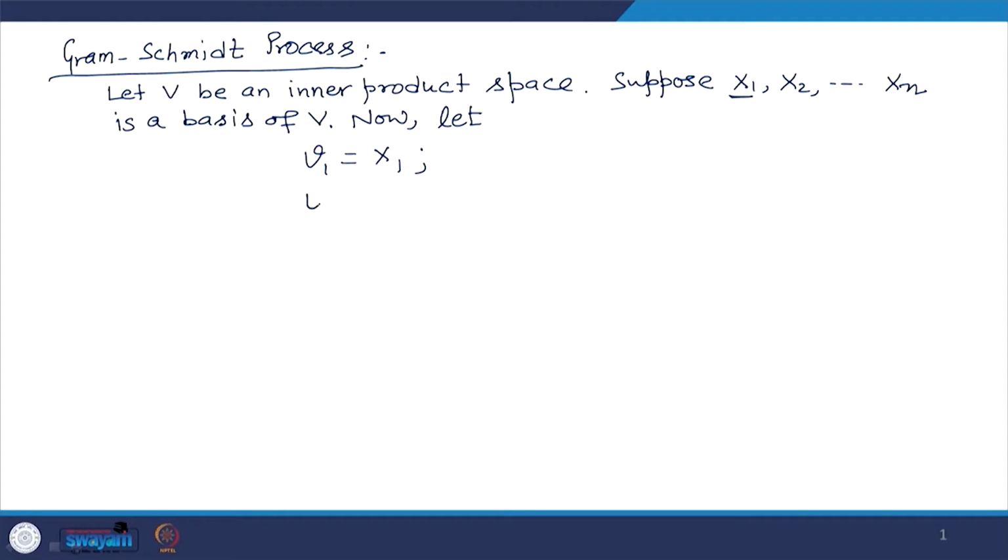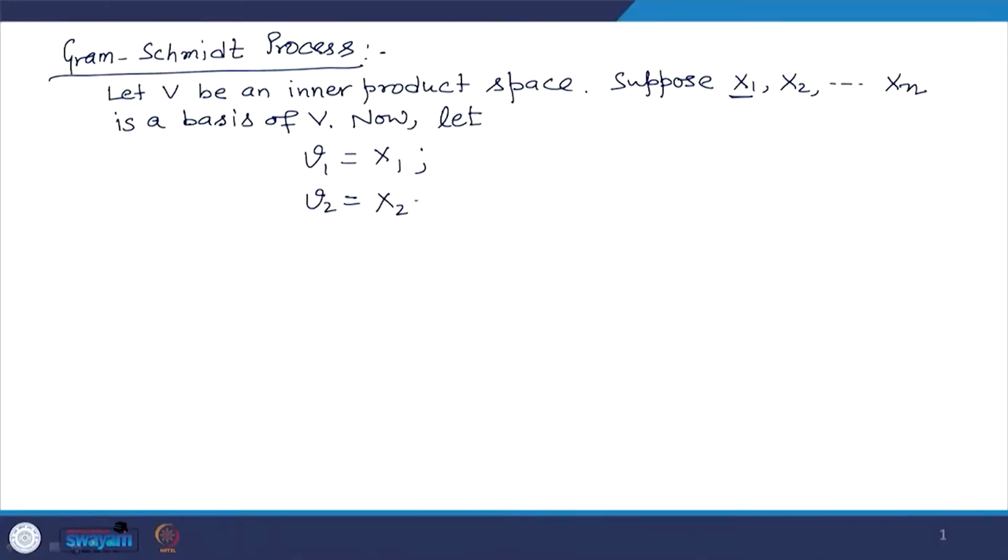Now, I want to make the second vector V2, and I want this vector V2 to be orthogonal to V1, that is, x1. For making it orthogonal, what do I need? I need to subtract from the vector x2 the component in the direction of x1.